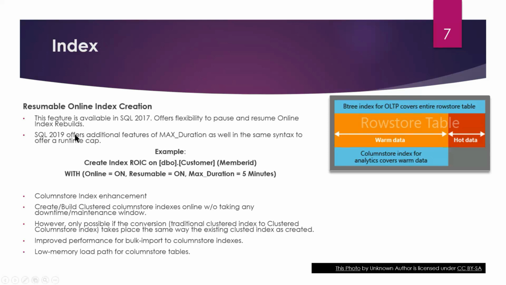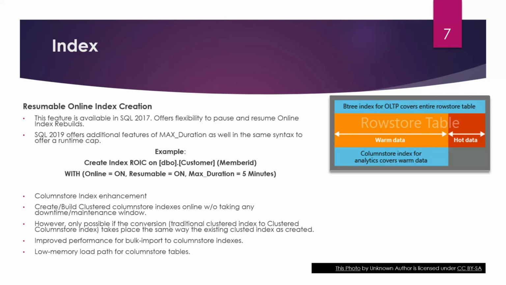So the resumable online index creation, this feature is nothing new. It has been there since 2017, which offers great flexibility to pause and resume online index rebuild operations. However, in 2019, it offers an additional feature of max duration in the same syntax to offer a runtime cap.